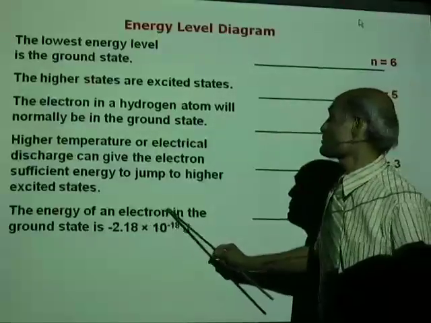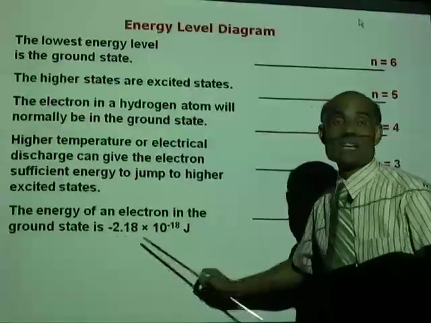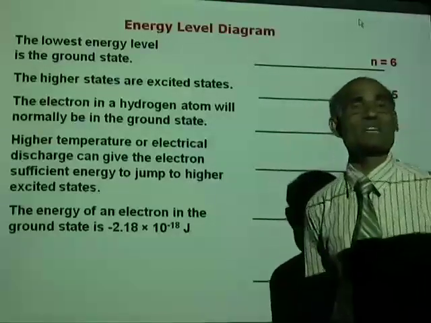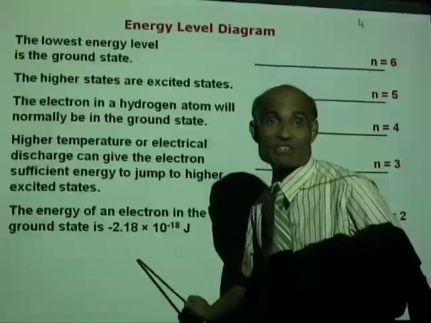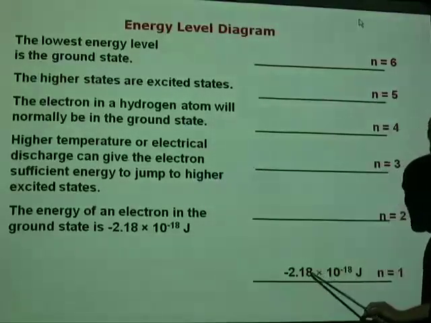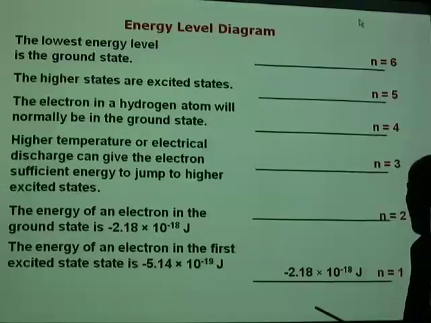The energy of an electron in the ground state is negative 2.18 times 10 to the negative 18 joules. We actually calculated that earlier. So if the electron is on the ground state, that will be its energy value.